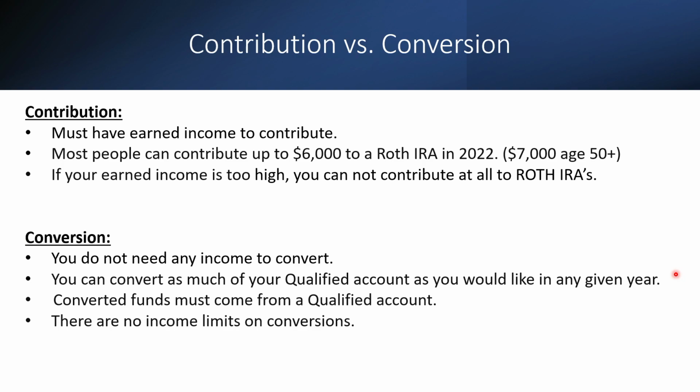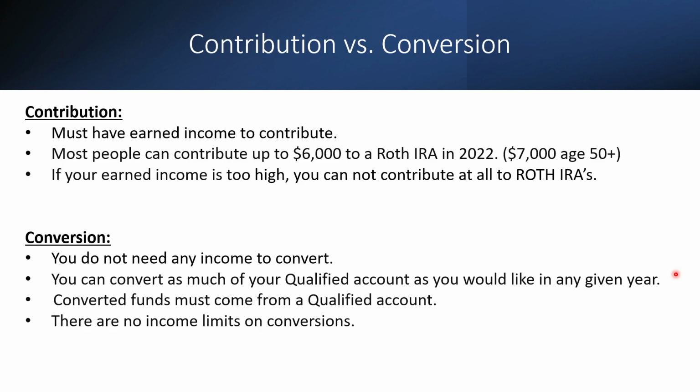So conversions are very, very helpful because they allow us to move a lot more money. And for our retired clients, when we're doing tax planning, if we had to rely on the contribution method, it would not work, because most of them don't have earned income. So we use conversions. Conversions are a great tool for getting money from accounts that we still owe tax on, paying the tax, and getting it into an account that will never be taxed again.